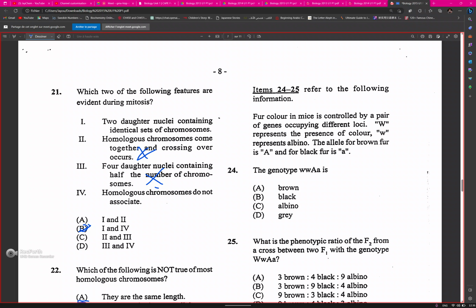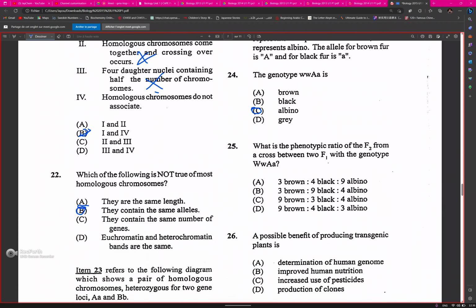The genotype expressed here is brown, black, or albino. 25. What is the phenotypic ratio of F2, the second generation, from a cross between two first generations with the genotype expected here?